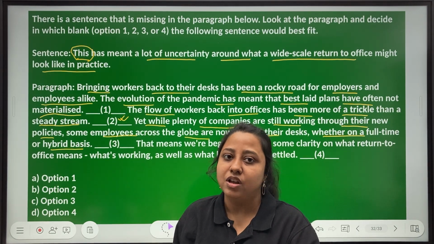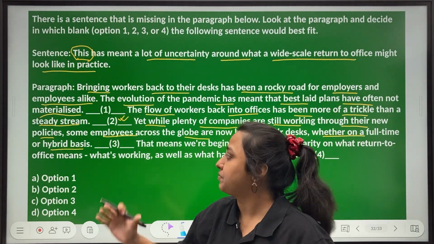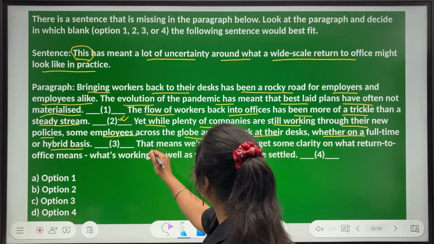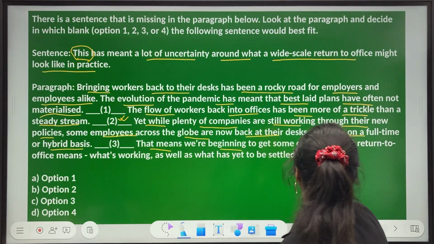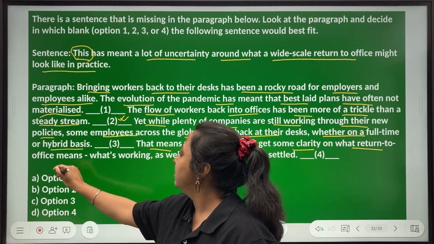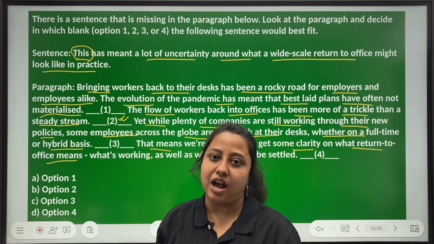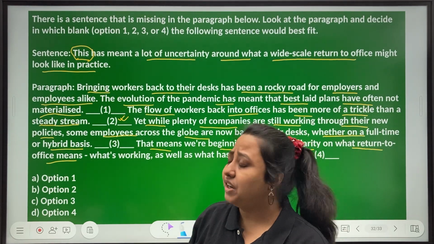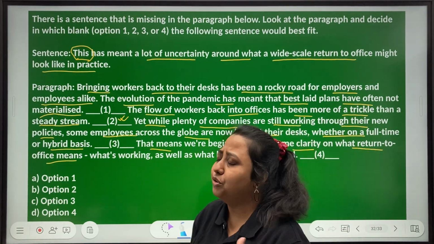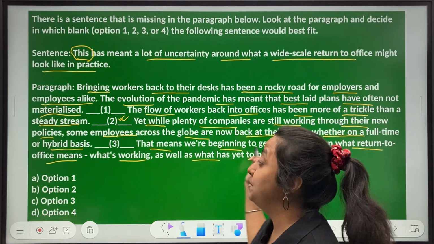Either they are working just the way they used to pre-pandemic, full time office job, or on a hybrid basis, but they are reporting back to office. That means we are beginning to get some clarity on what return to office means. Since some people have started returning to office either full time or hybrid, we are starting to get a picture of what this could look like, some clarity on what return to office looks like. So, what is working as well as what is yet to be settled.